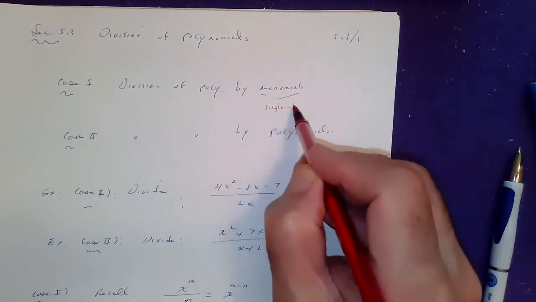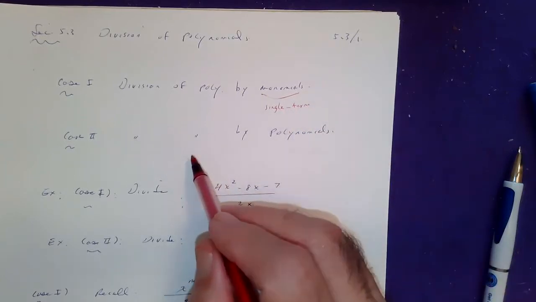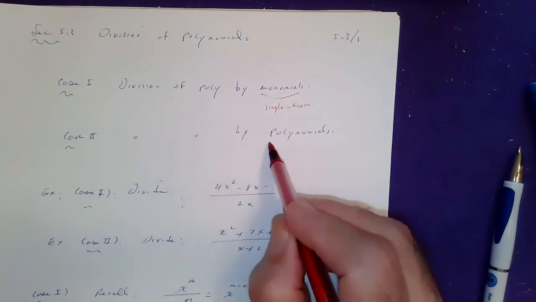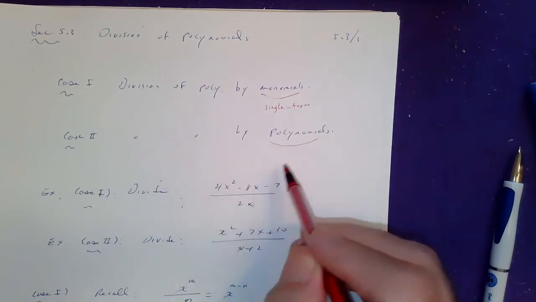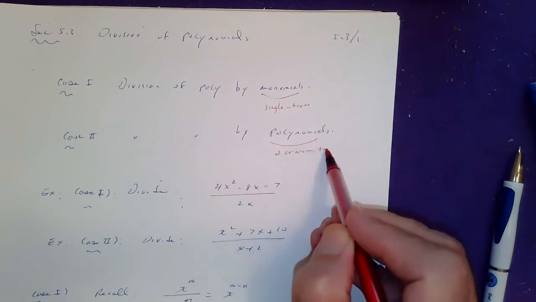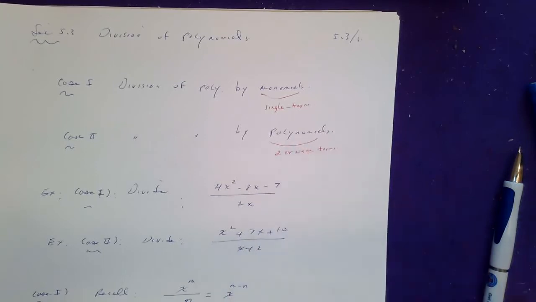These are super easy problems. The ones which take a little bit of know-how are divisions of polynomials by polynomials. This is like two or more terms. These require what? Long division form, correct?